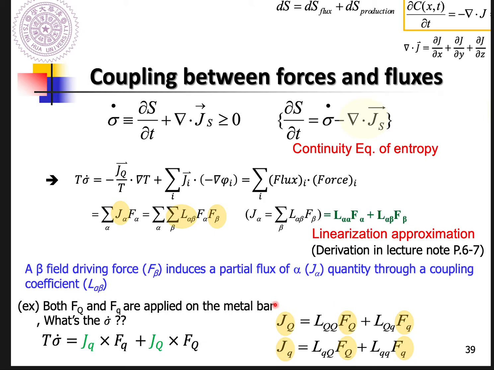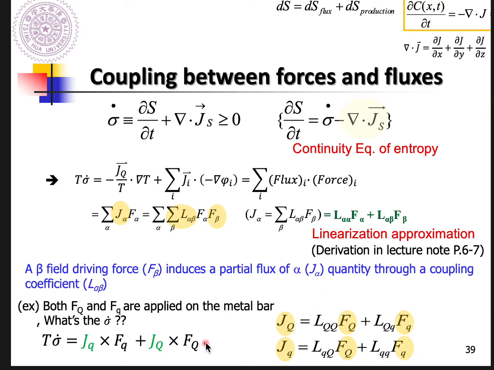Because there are three driving forces, you need to add an extra term here. The extra term is that the chemical potential gradient will also affect the heat flow, and the chemical potential gradient will also affect the current density. So it will be something like that.